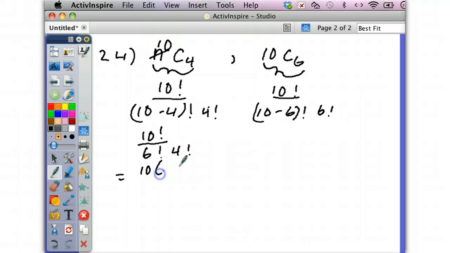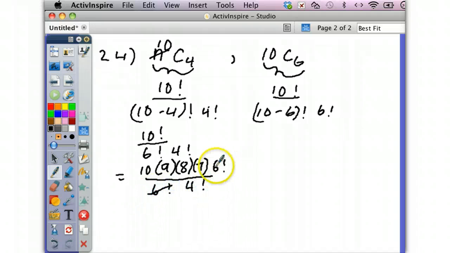Let's work it out like this. 10 factorial is 10 times 9 times 8 times 7 times 6. I want to stop right there because I've got 6 factorial here, which will cancel the whole rest going down. Over 6 factorial times 4 factorial.